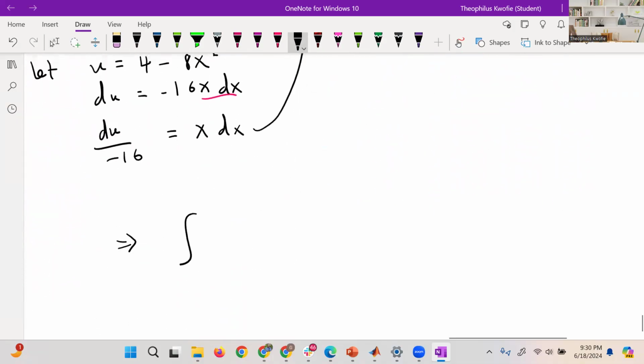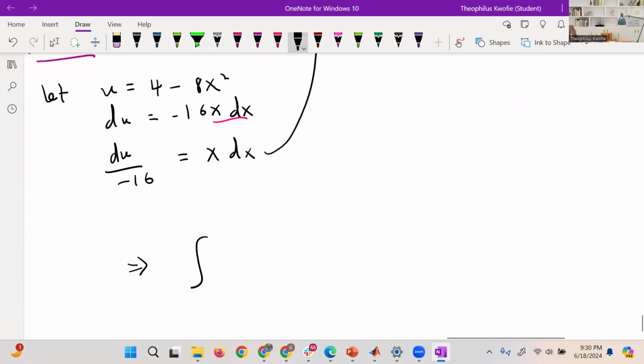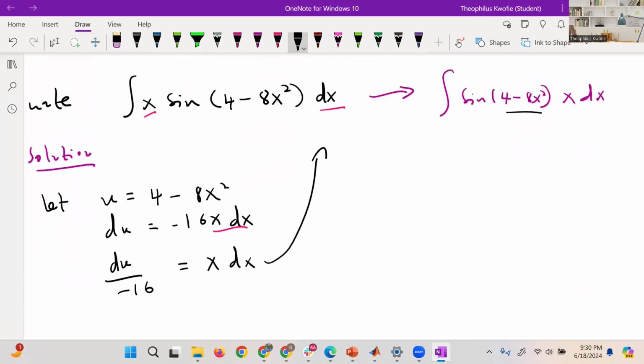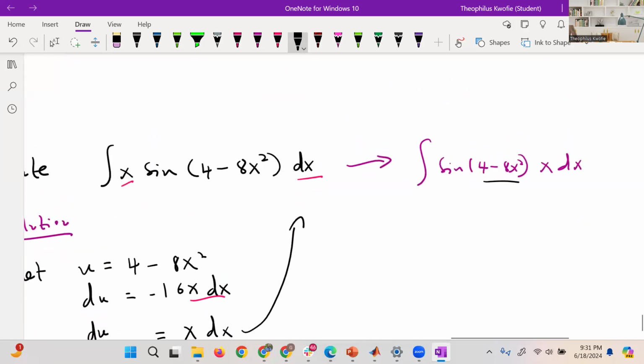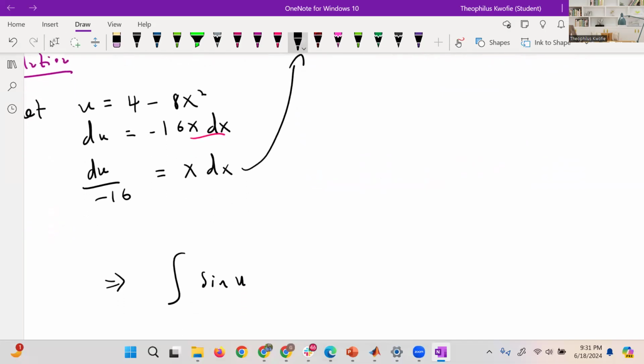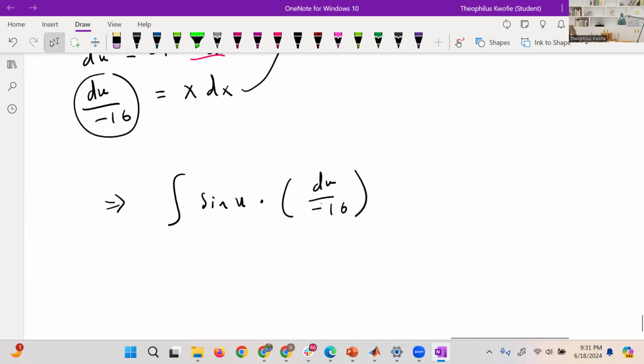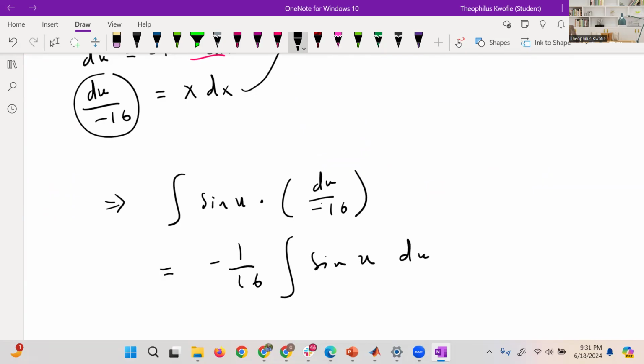So our integral of sine, remember we let this be u, sine of u, and x dx should be replaced by this quantity, du on minus 16. So this will give us minus, we can pull out the minus 16, then we have sine u du.